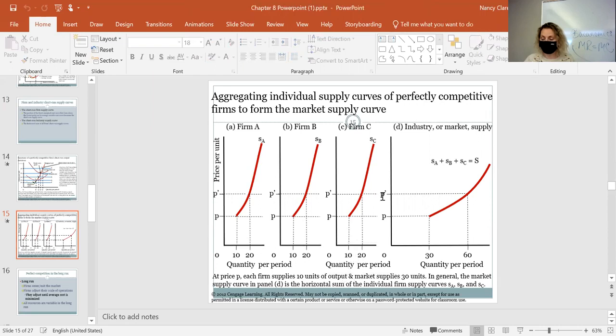All 3 firms at price P would give me 30. 10 plus 10 plus 10. Easy, right? At price P prime, A is going to give me 20. B is going to give me 20. C is going to give me 20, 20 plus 20 plus 20 gives me 60. Those are just then the 2 points along the industry or market supply curve that we would create or expect to see.